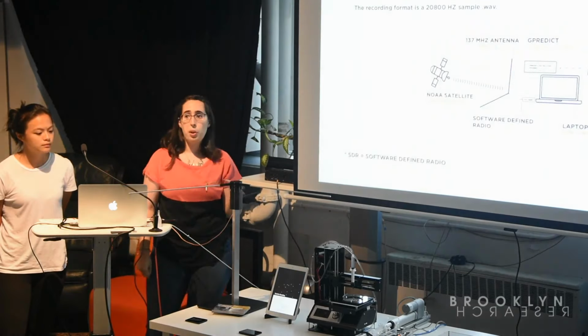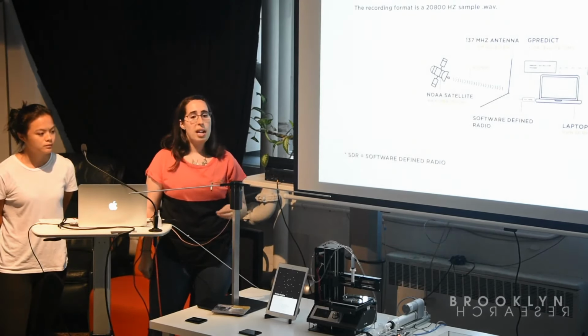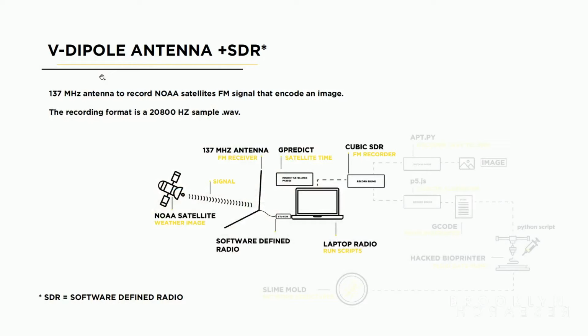We started with a different version of antenna that wasn't as accurate, so it was very important to get this working to get the first successful recording. And also, we realized that we had to be very accurate with the audio sample that we had, because otherwise it was a lot more distorted, a lot more noise.